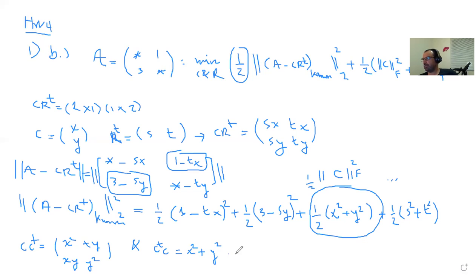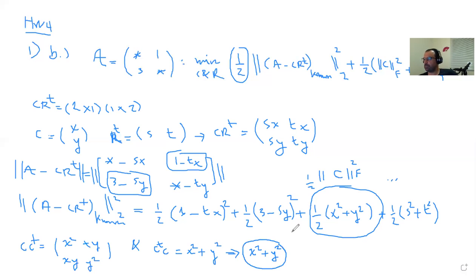So the common eigenvalue between CC^T and C^TC is only x squared plus y squared, which means this is the unique singular value of C.